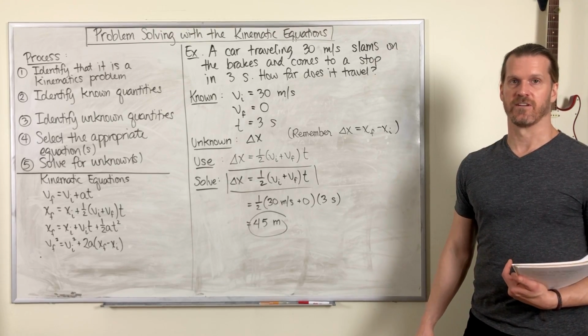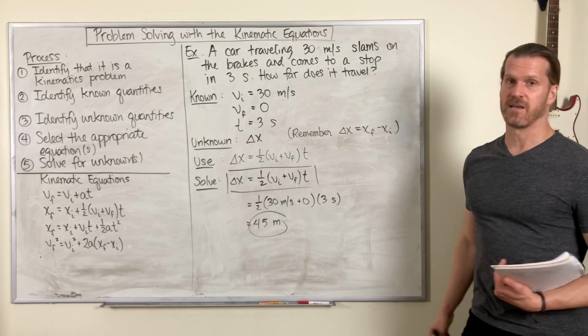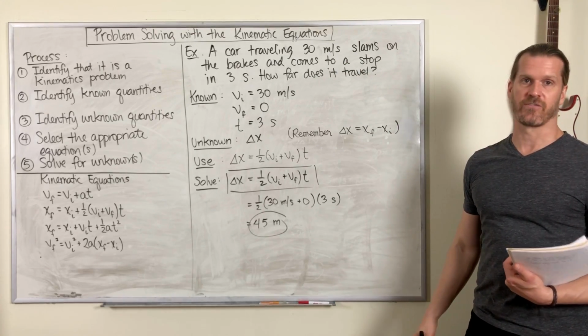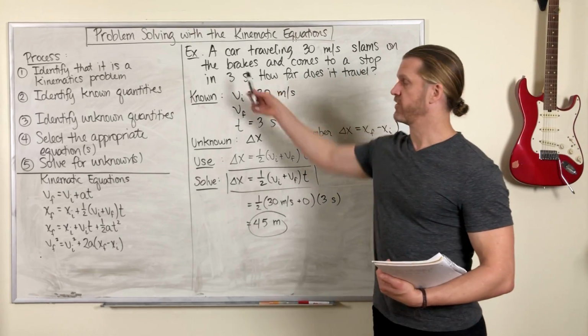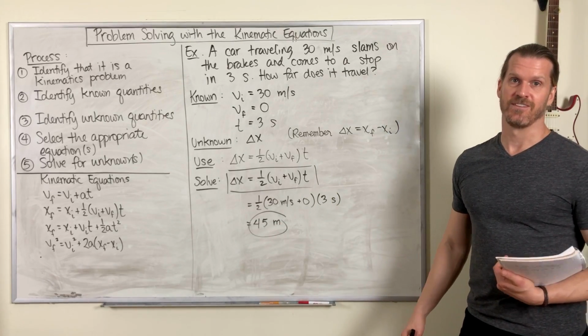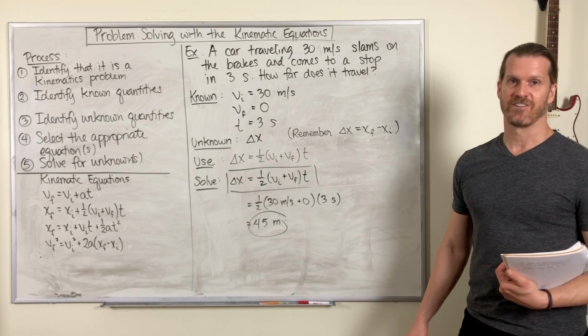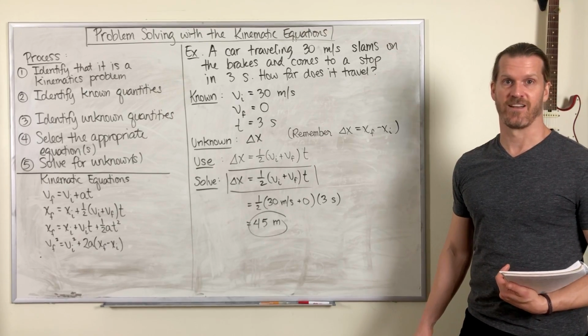That's half the length of a football field or a soccer field. So if you're traveling at freeway speed and you slam on the brakes, you probably can't stop much quicker than a few seconds, and you're going to travel a long distance. So it's hard to avoid crashing into things when you're driving that fast.